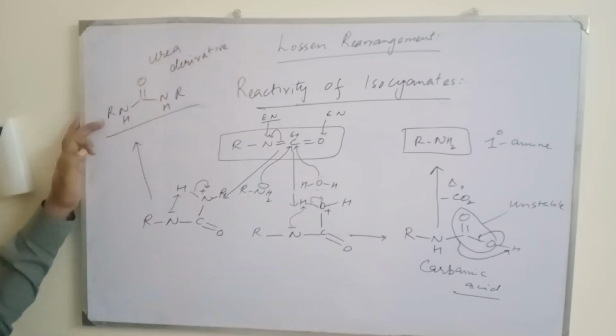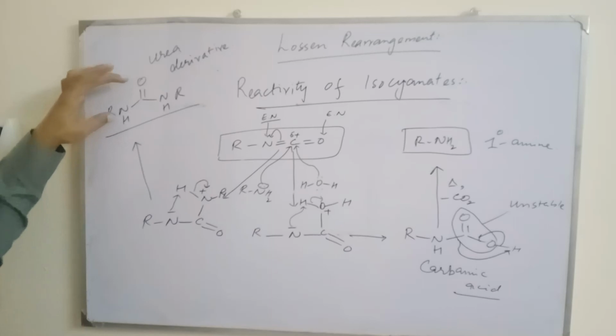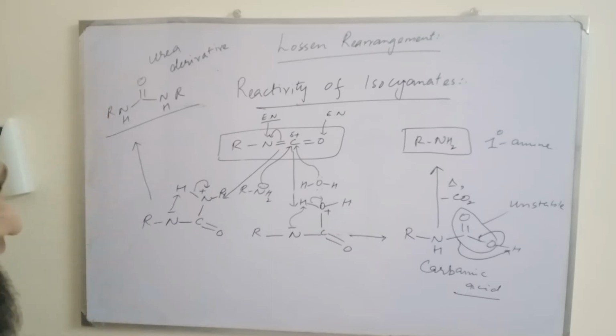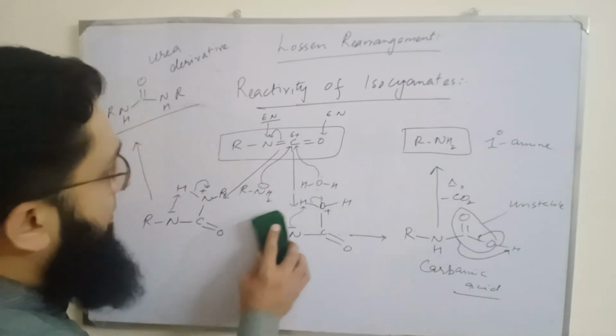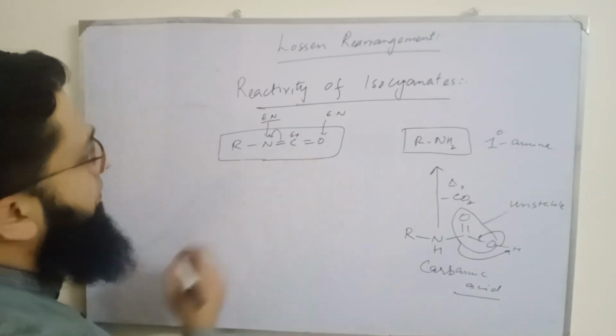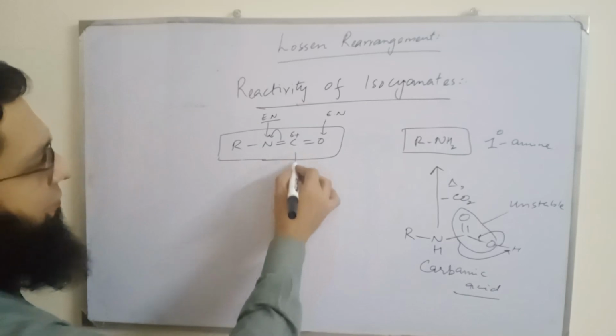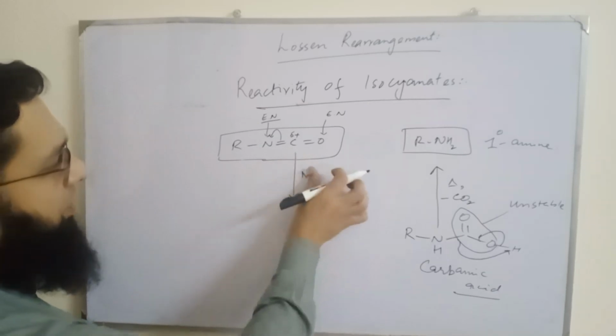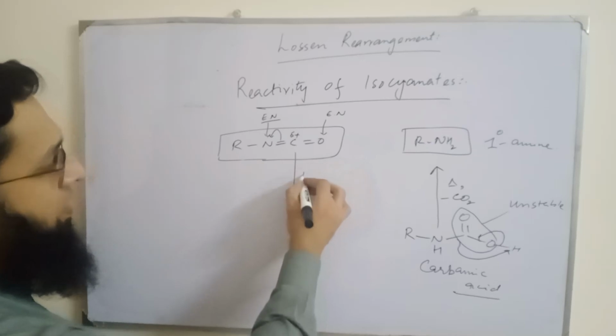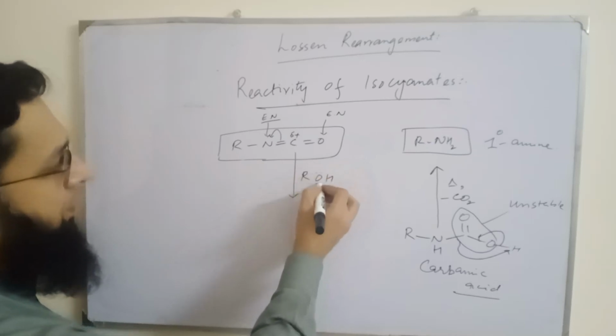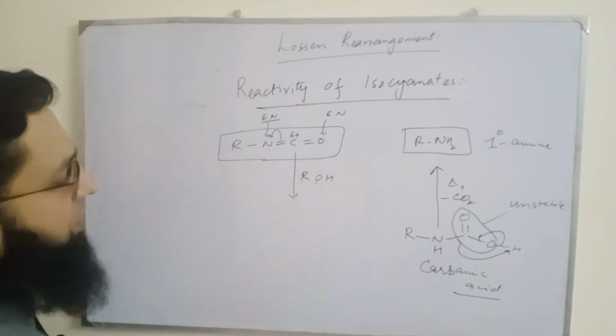And with the name of urea in mind, we can recall that Frederick Wöhler was the first scientist who reported urea. So this is urea derivative, and in the end if we treat it with, for example, alcohol, ROH. Again, alcohol has oxygen having lone pair.